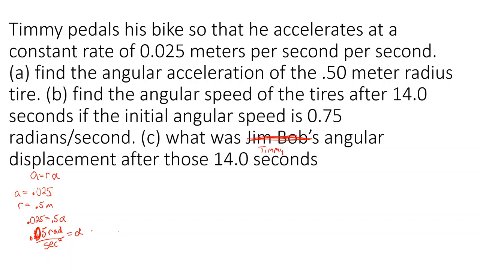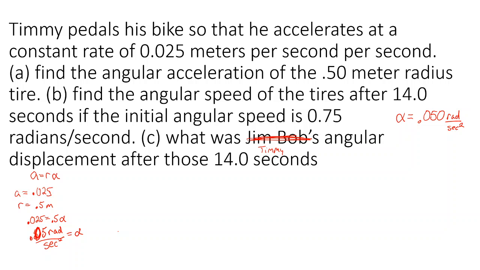As I look up at the problem, I see 2 significant digits. So I'm going to say alpha equals 0.050 radians per second squared in my answer set. All right. So now it says find the angular speed after 14 seconds if the initial speed is 0.75.